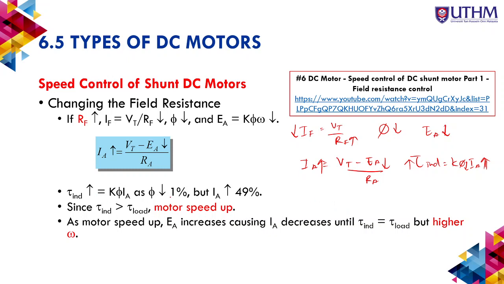Even though the flux is reduced by just 1%, IA will increase 49%. So then torque induced will be increased.